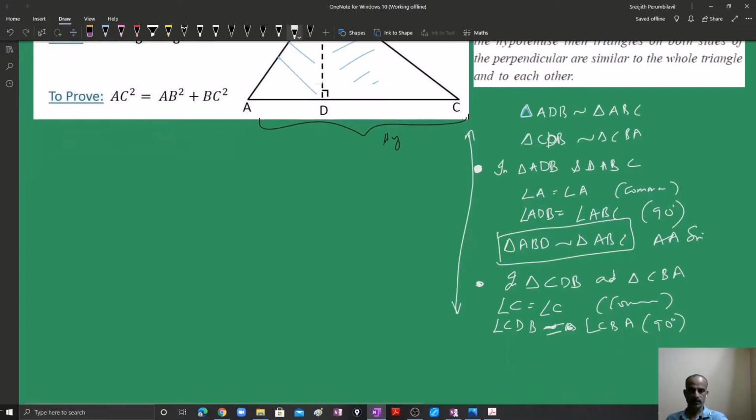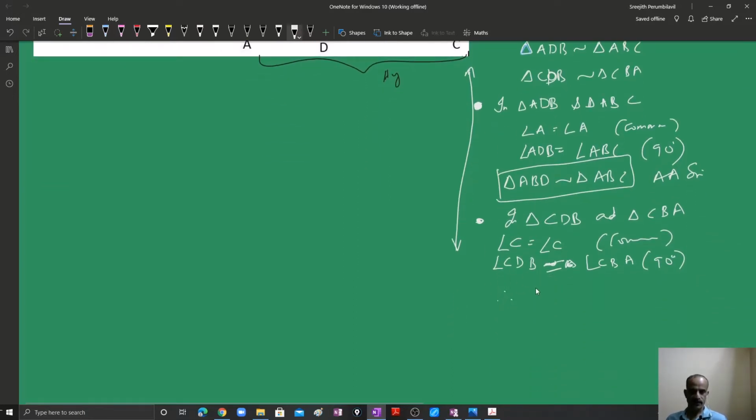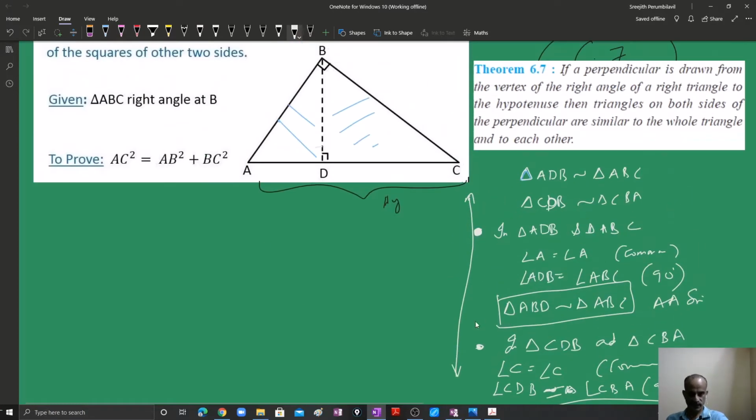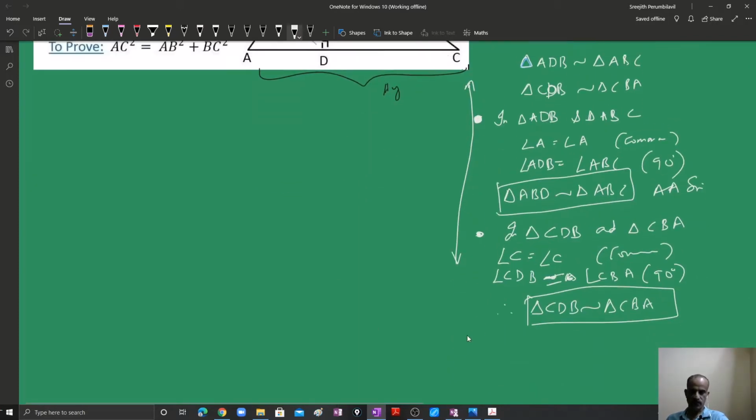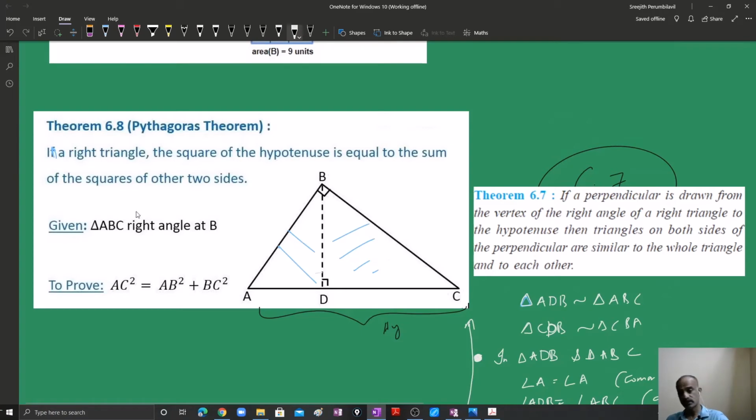So what do you conclude? Therefore, triangle CDB is similar to triangle CBA. That means the first one we have proved: the triangle on the left side is similar to the larger one. The second one we proved: the triangle on the right side is similar to the larger.